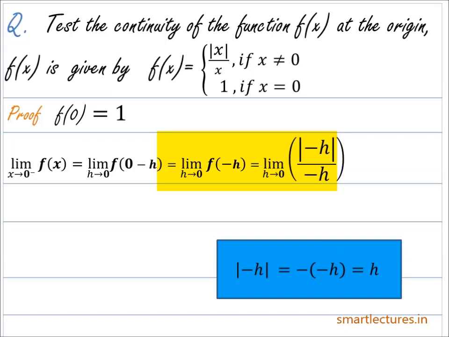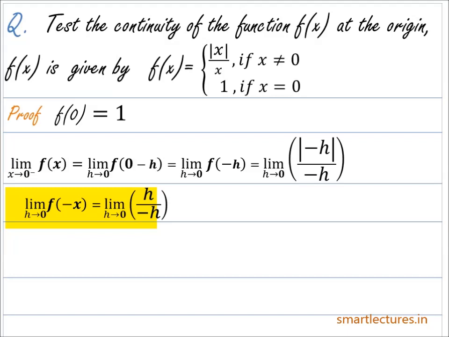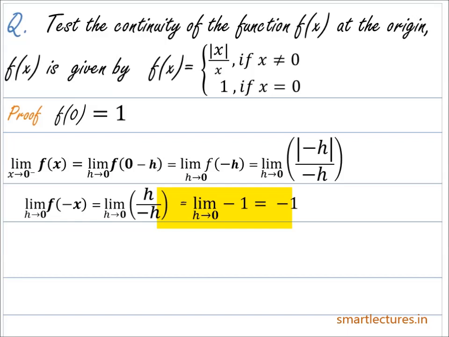So that means modulus of minus h is equal to h. So this expression becomes limit h approaches 0 h upon minus h, or limit h approaches 0 minus of 1, which is equal to minus 1.